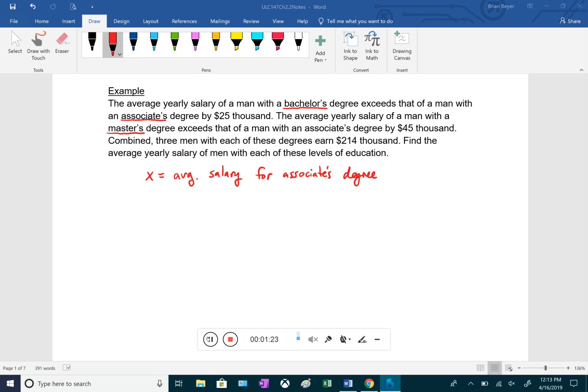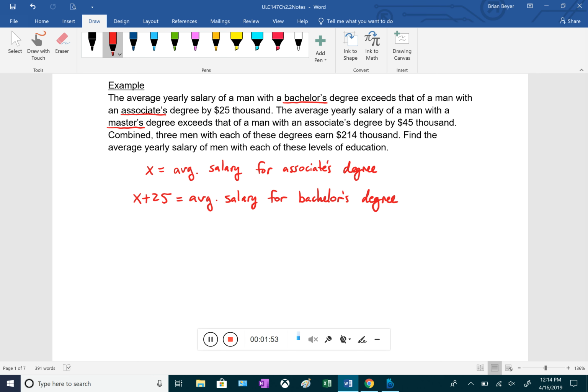If we look at the bachelor's degree, the bachelor's exceeds the associates by $25,000. So that means the bachelor's will be x plus 25. I'm just going to use 25 representing 25,000 here. So x plus 25 is going to be the average salary for the bachelor's degree.